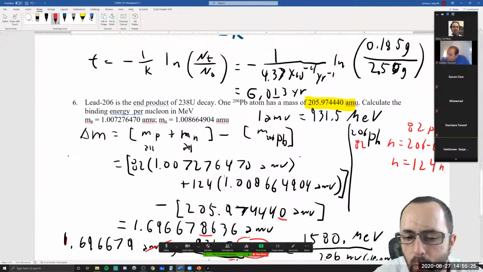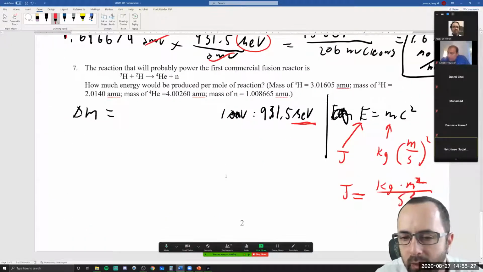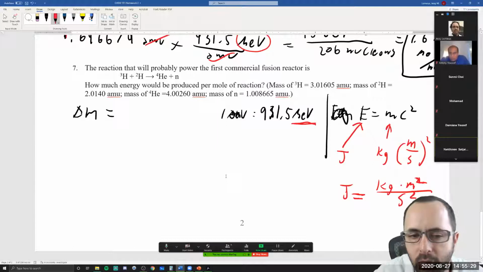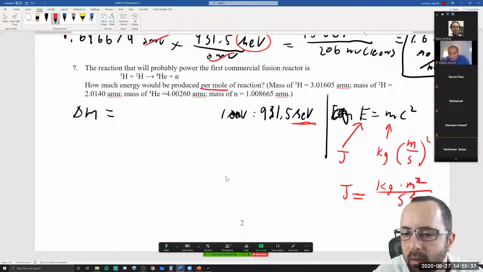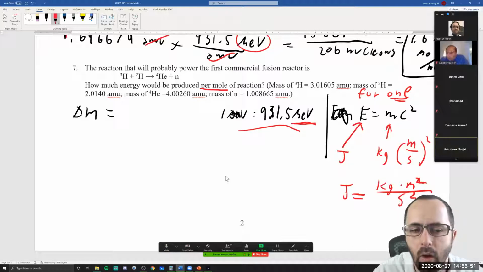Now, one thing to note, and I did do a problem like this also in the lecture. For this one, it asks you per mole. So this energy that you calculate right here is for one of these. This is the energy for one, not for a mole. It is the energy for one hydrogen 3 reacting with one hydrogen 2, making one helium 4 and one neutron.